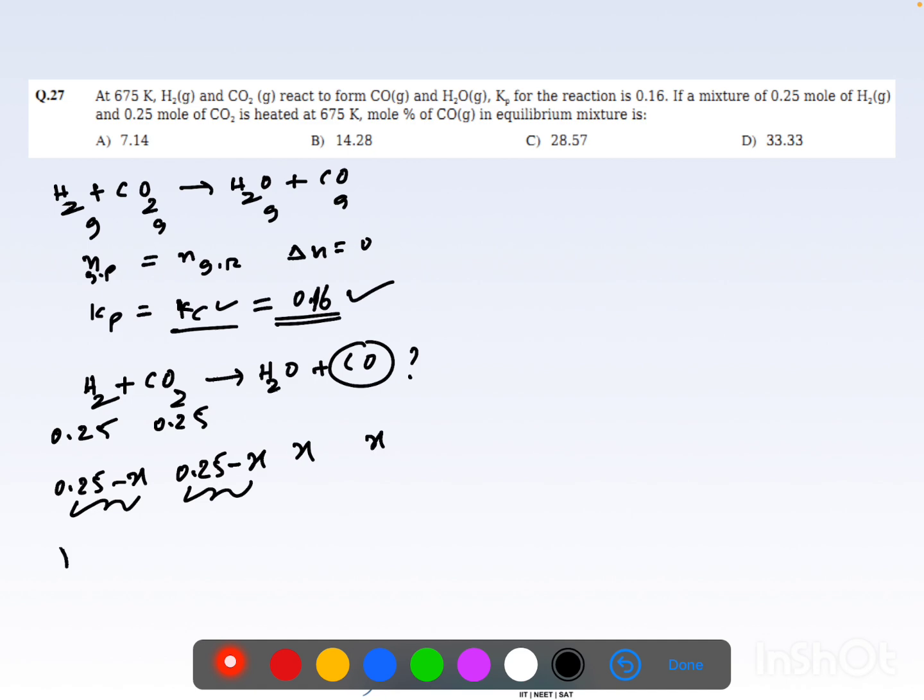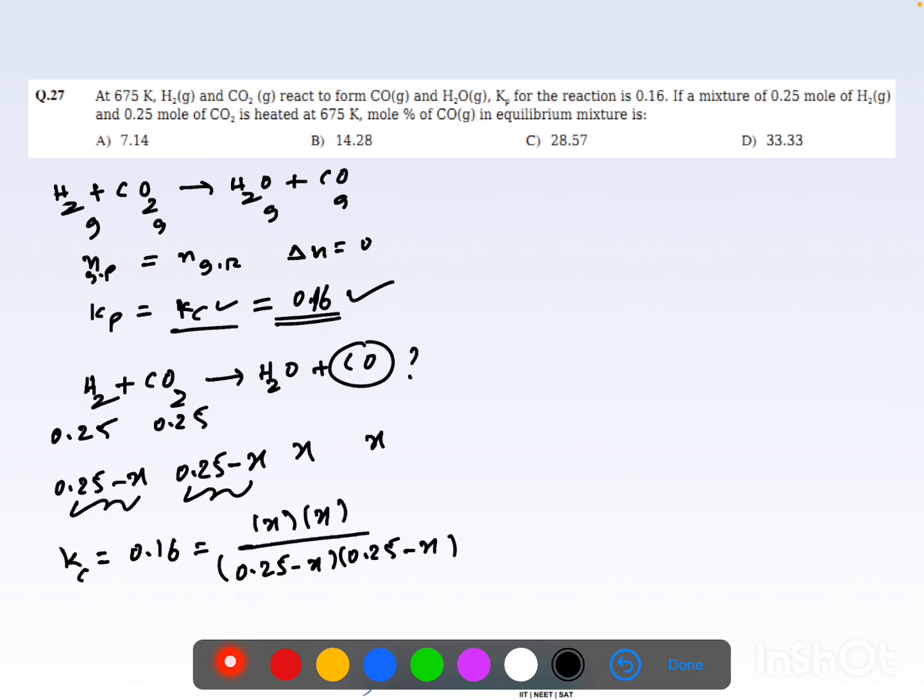Now Kc, that is 0.16, is equal to concentration of the products, that is X into X, divided by concentration of the reactants, that is 0.25 minus X into 0.25 minus X.